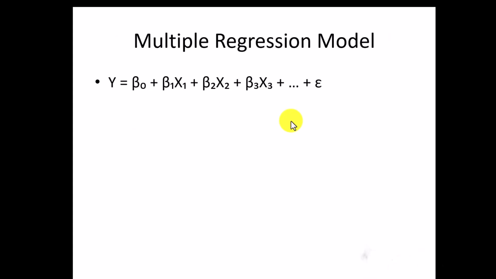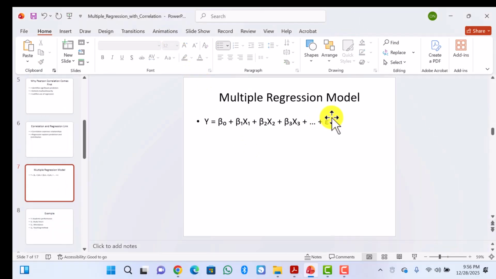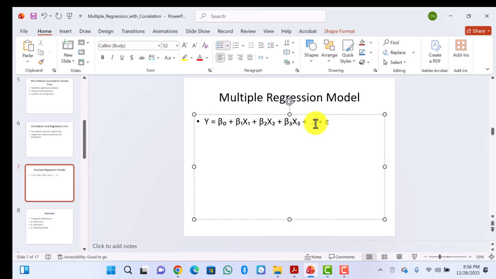So look at this. Let's say Y is the achievement of the students, B naught is the coefficient, B1, X1 stands for the first variable. Let me see if I could just edit my slide a bit.